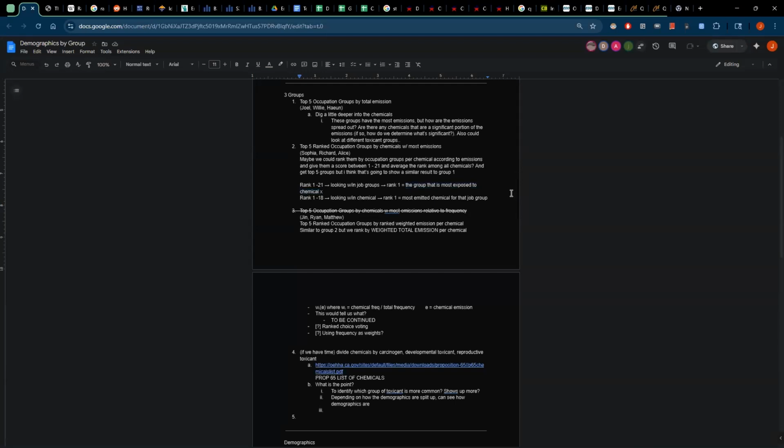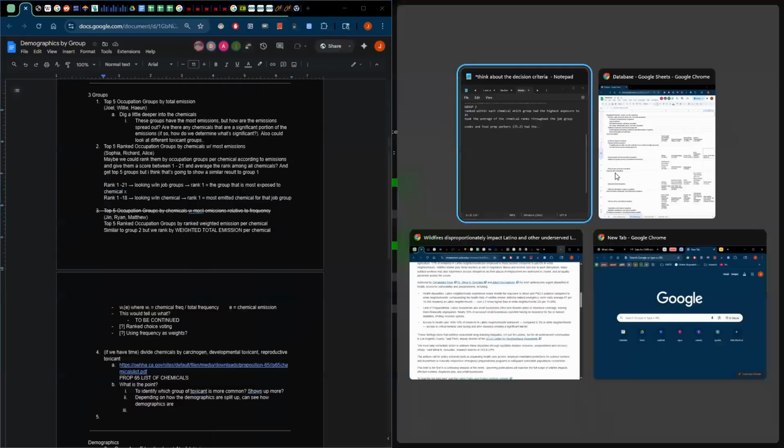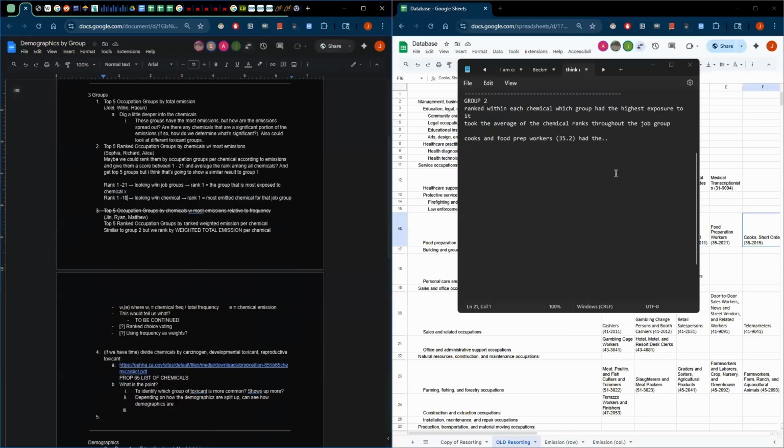I think that's a good way to put it. But then the summary, when you're taking an overall, that's where it gets confusing. You've got the group that's most exposed to a given chemical. Rank one for methylene chloride means that's the group that's highest exposed to methylene chloride.